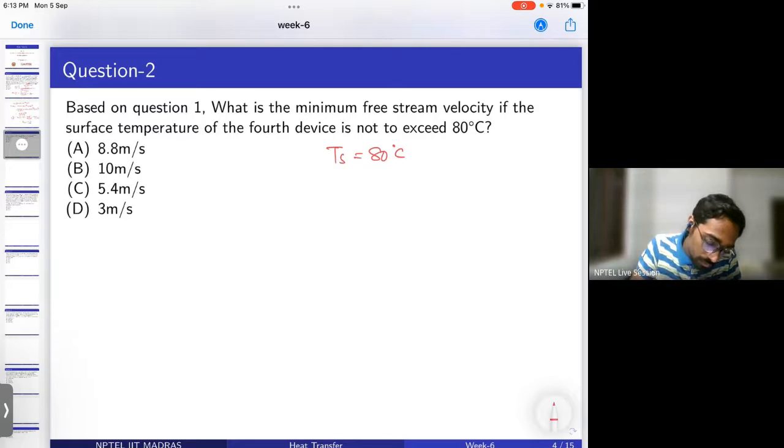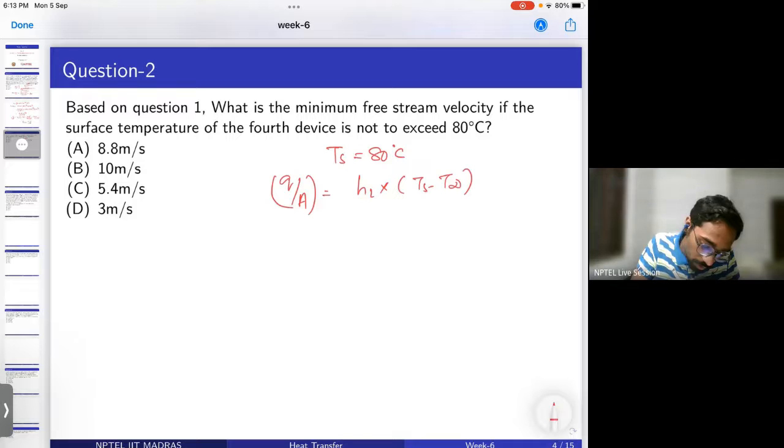Okay. So we know Q by A is equal to h_L into (T_s minus T infinity).